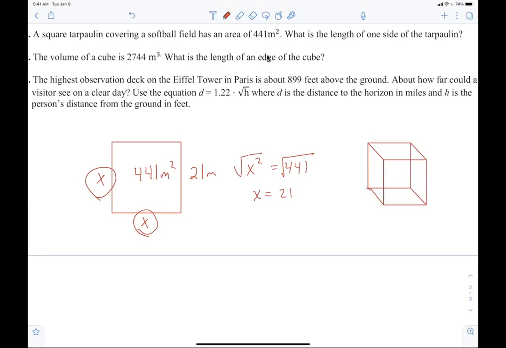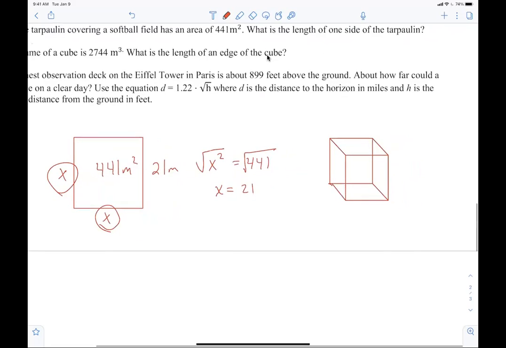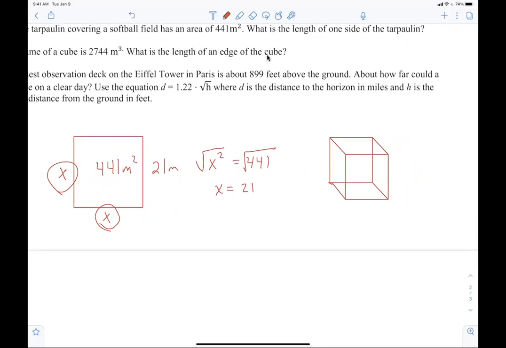That's how many little cubes are in there. Now, how do I figure out what the side of the cube is? We would say the cube root of 2,744, which is 14.